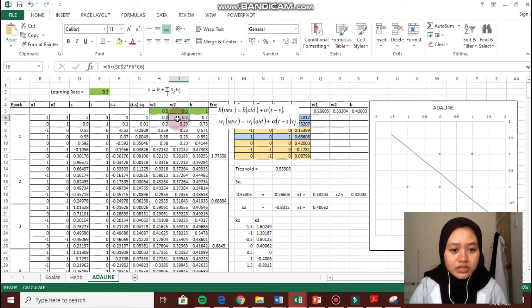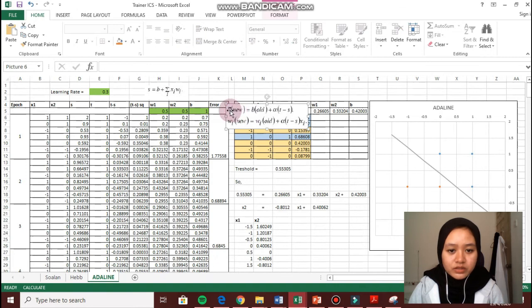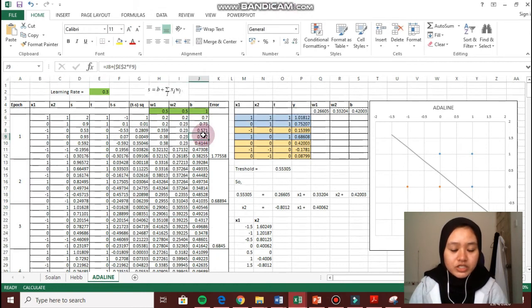This is the same step as getting the value of w1 new. As for b, we use this formula: b new equals b old plus alpha in brackets t minus s. So b old 1 plus 0.3 times negative 1, and we will get the value of 0.7. It is just the same step to find the new value.